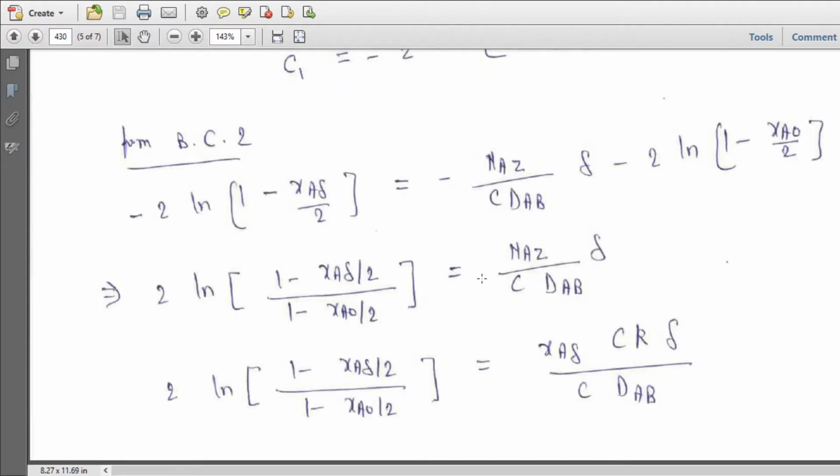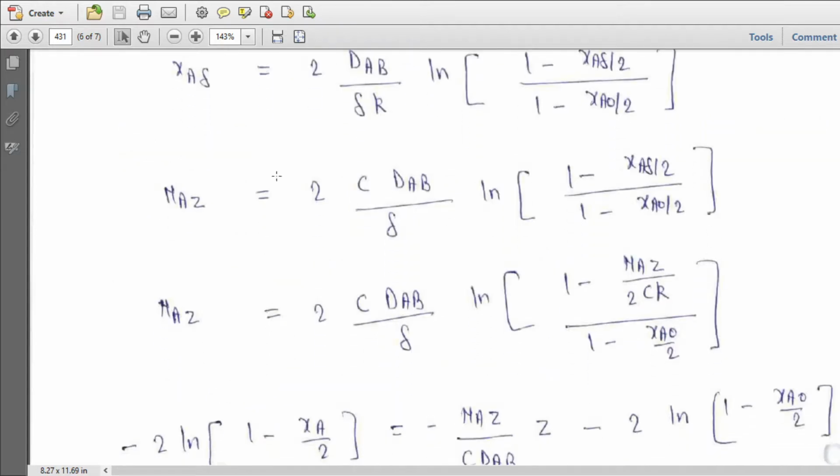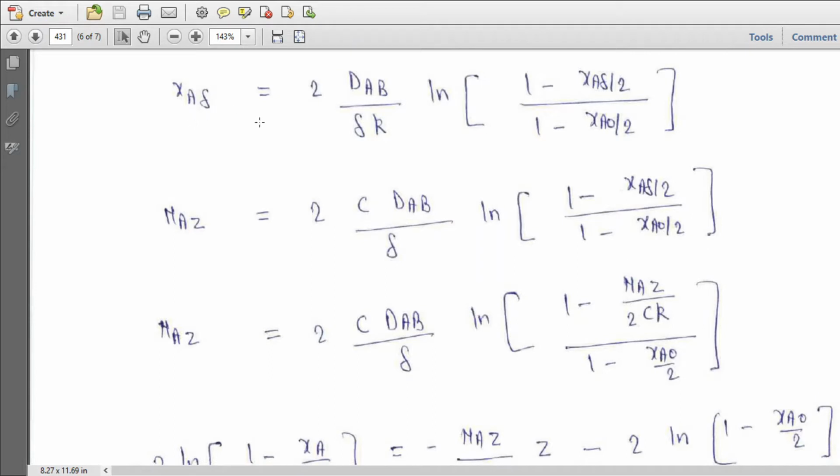Now we can substitute the expression for NAZ in terms of C k/DAB XA delta. So you can arrange it here, and we can get the XA delta expression: 2 DAB/(delta k) ln[(1 minus XA delta/2)/(1 minus XA0/2)]. Then we can write the expression for NAZ.